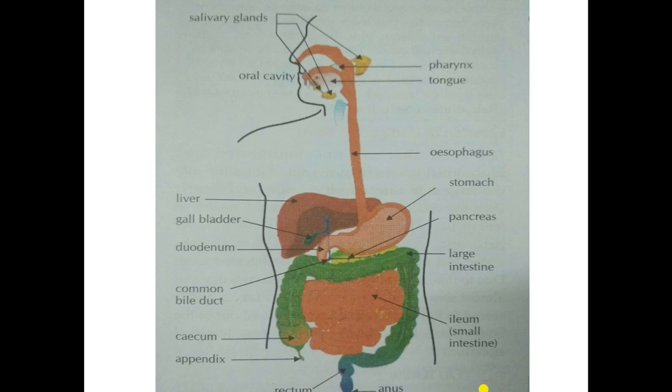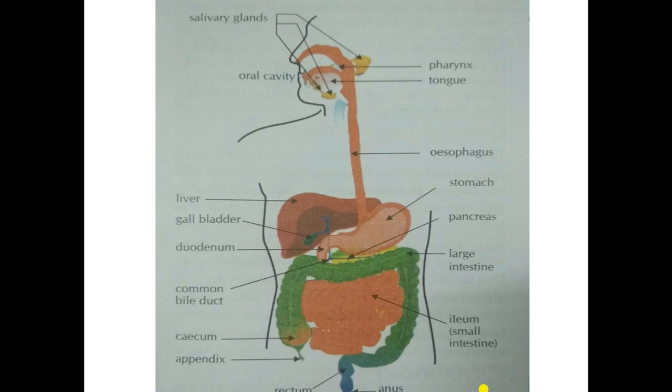Finally the paste form of the food goes through a small tube called the pharynx. From the pharynx it passes to the long tube, the esophagus, with the help of peristalsis movement, and the food passes down into the stomach region.